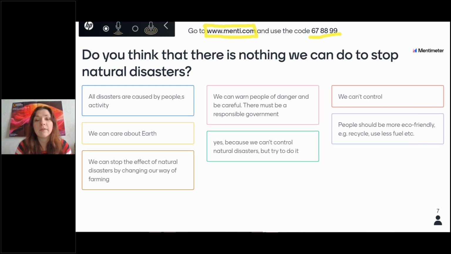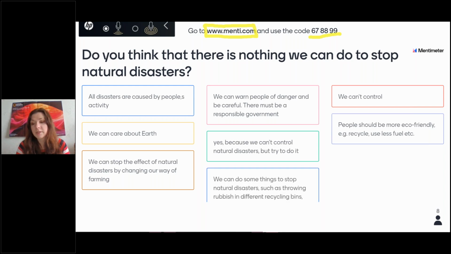So there is an investigation that because of these climate changes, the weather is becoming more and more severe. The conditions are getting worse. That's why we can change our habits, right? We can change maybe the way we treat our Earth, and then we'll get much better conditions to live.